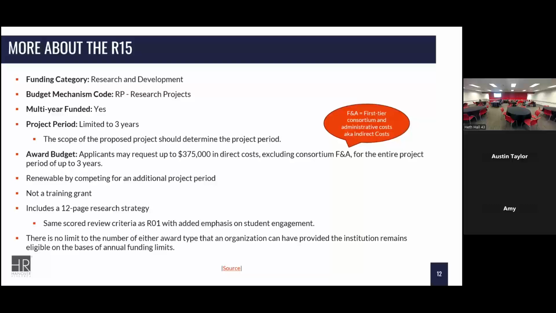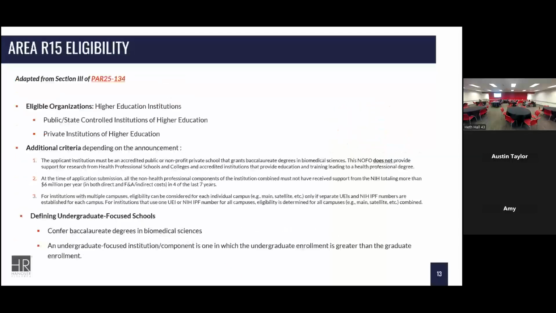So, $375,000, 3 years max. You ask for what you need, but you also align it with the scope and scale of the project, and you're intentional about describing undergraduate student involvement in addition to what else you hope to or want to incorporate into that.